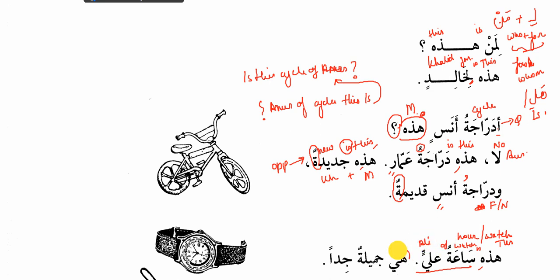Now, here is being used for whom? For the watch, because the watch is a feminine noun. So you will translate it as not she but it. In English it is used for both male and female. It is jamilatun jiddan. It is very beautiful.